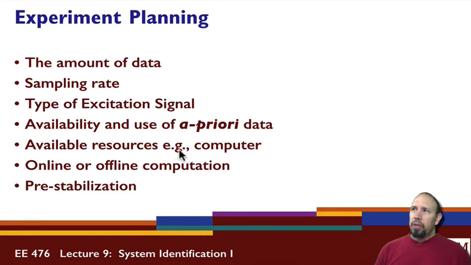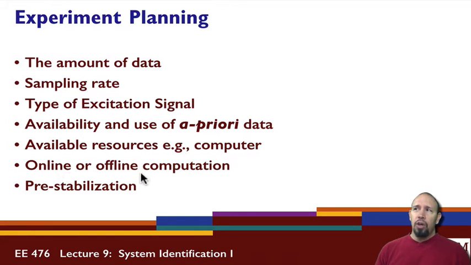What about available resources? For example, what computer is available to us? What kind of calculations are we going to do? Are we going to try to do this system identification using MATLAB on a PC, or on an Arduino? What exactly are we looking for? What are the resources we have available to us?